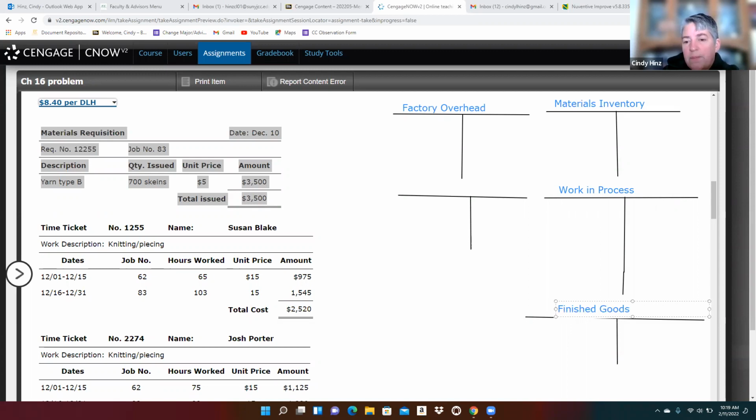So these are the 3 inventory accounts that we see on a manufacturing company's balance sheet. And then our final one here, cost of goods sold. So those are the ones that we're going to need as we work through the rest of this problem.